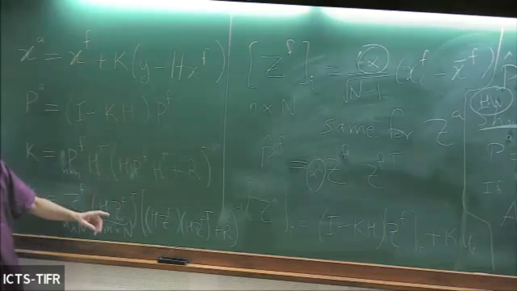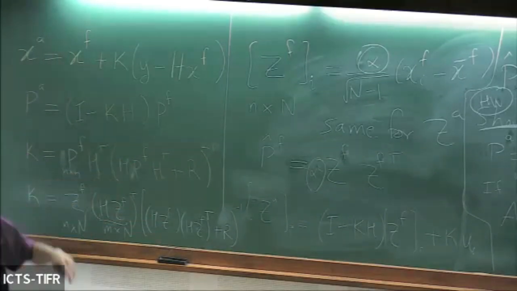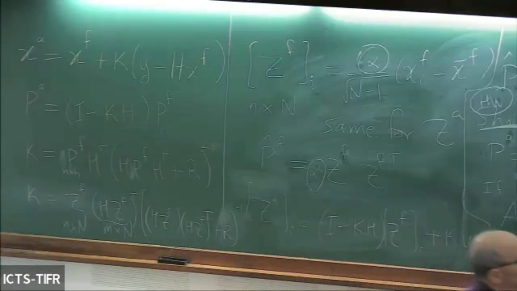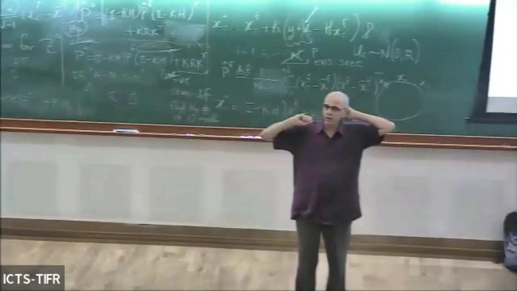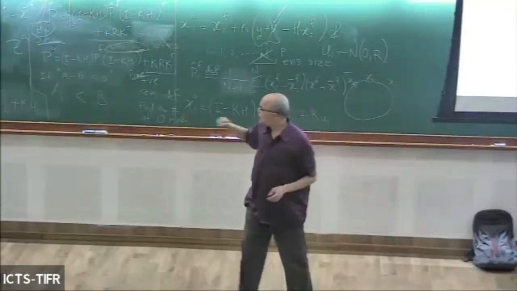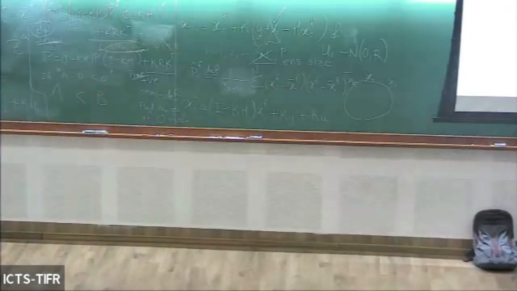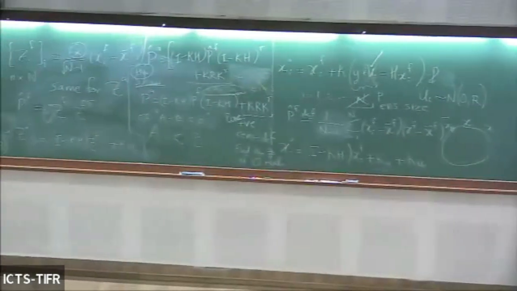So I don't need to actually compute such a big matrix, which is the covariance of the forecast ensemble. The covariance of the forecast ensemble does not need to be computed at all. It's very large for large dimensional models, and we don't need to compute it. All we need is H, ZF, and ZF itself.